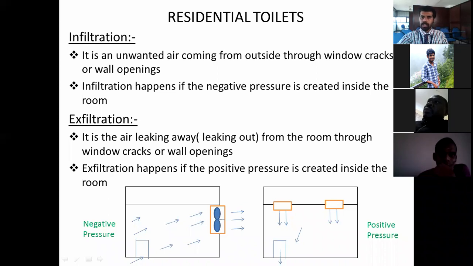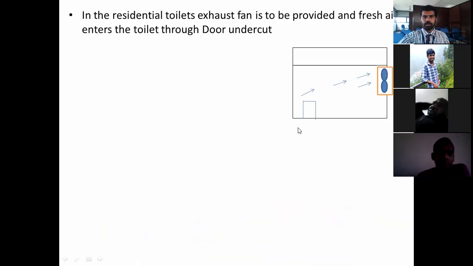Why we are giving a door undercut is that it is a provision for the outside air to come to the particular toilet. So, door undercut will be there. In the residential toilets, exhaust fan is provided and pressure enters the toilet through the door undercut. There will be a small rectangular opening.